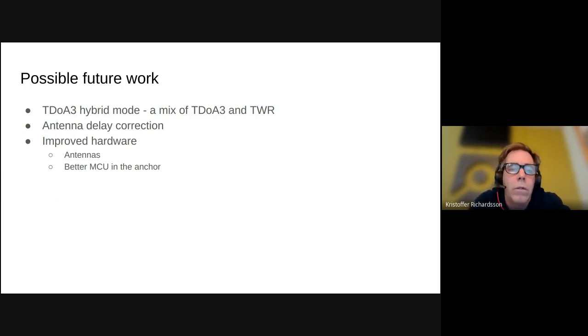A little bit about possible future work. I mentioned that in TDOA, the anchors are doing two-way ranging, right? And the TDOA part is like a side effect. Since TDOA 3 is completely based on randomness, it's possible to let the Crazyflie do some transmissions as well. We usually call this the hybrid mode.